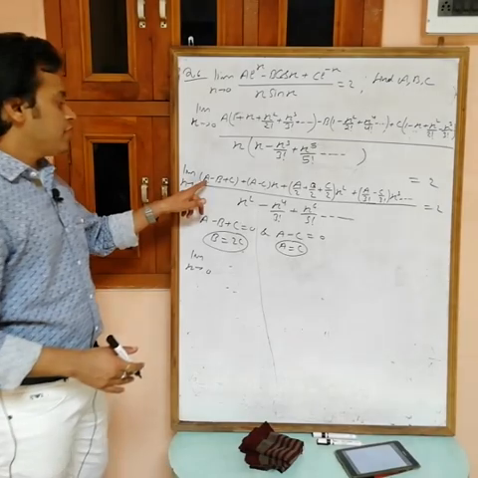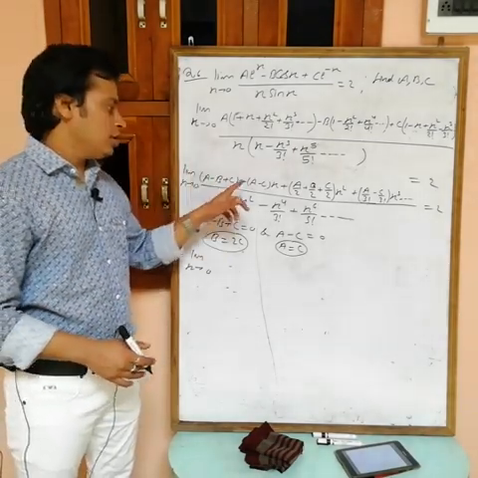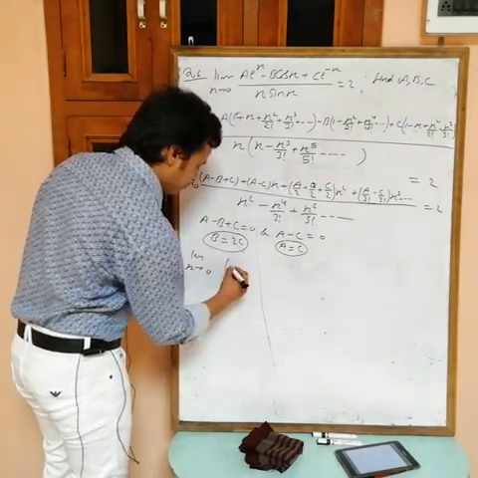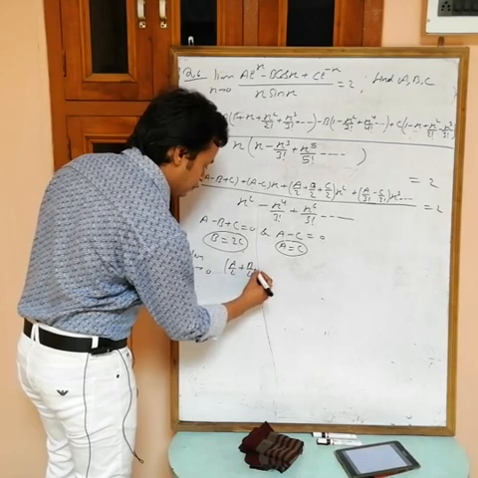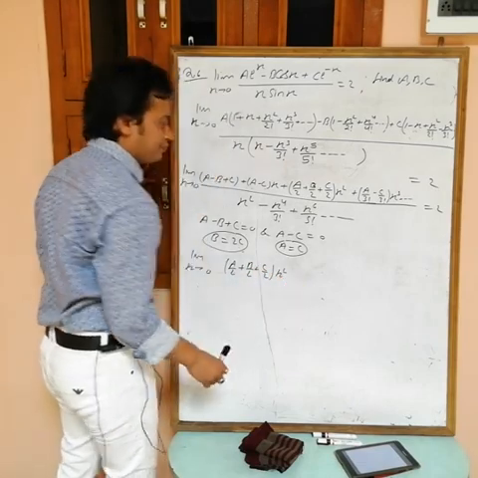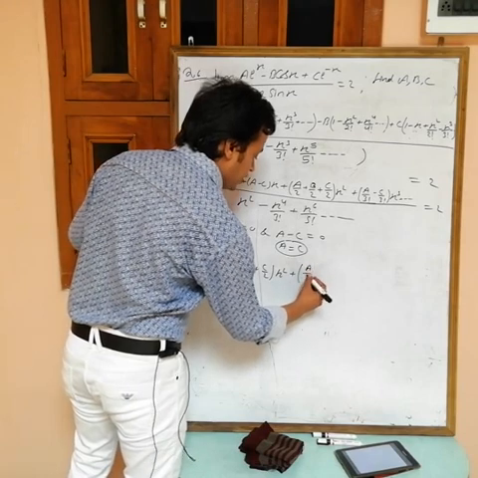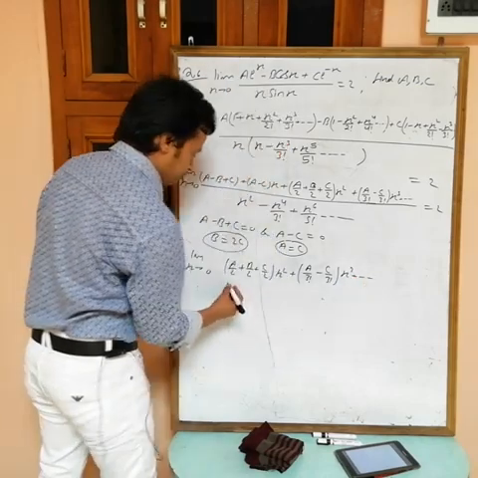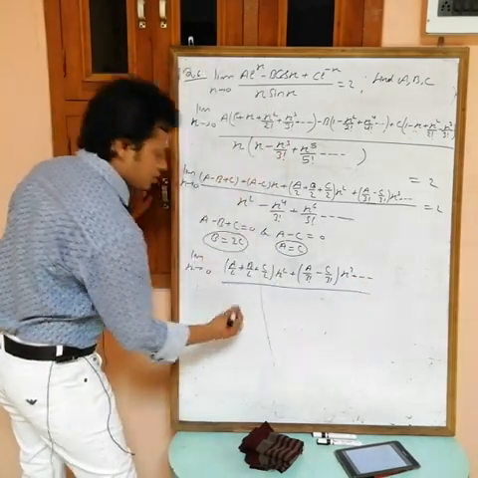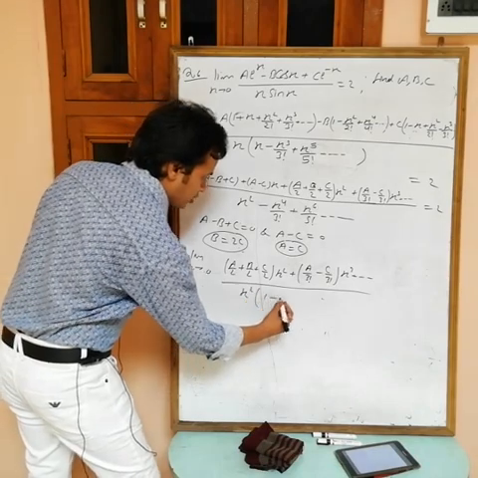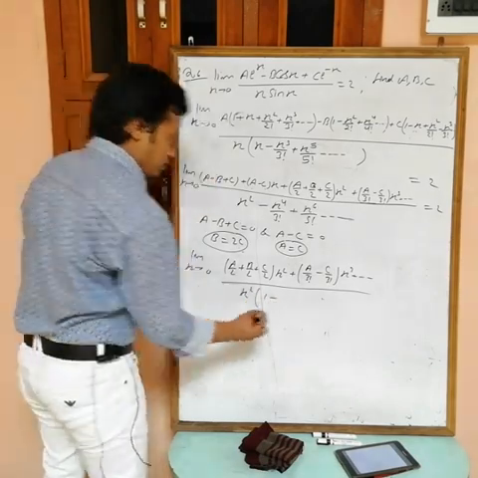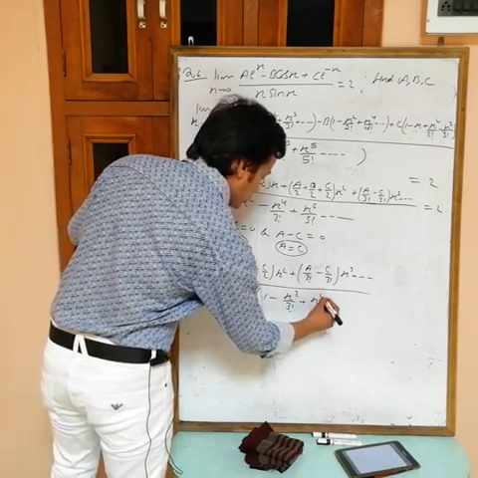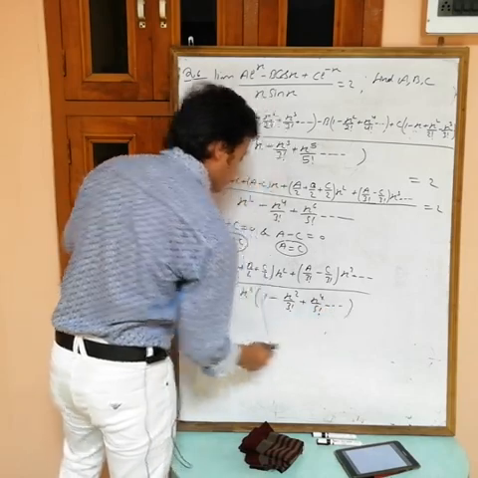Limit x tending to 0, a minus b plus c equals 0, a minus c equals 0. Here what we are getting? (a by 2 plus b by 2 plus c by 2) into x square, (a by 3 factorial minus c by 3 factorial) into x cube, by x square common times (1 minus x square by 3 factorial plus x power 4 by 5 factorial).